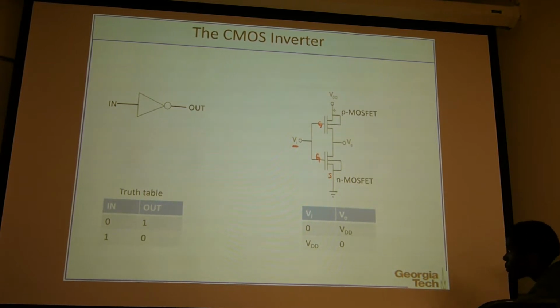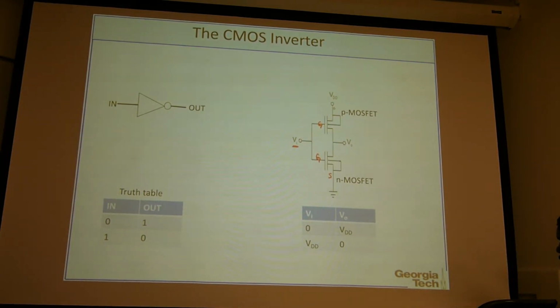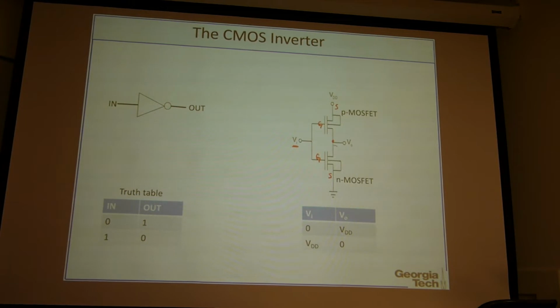And PMOS, as we discussed, higher potential is the source. So it connects to the power supply VDD, so then this is source. So then both drains of the NMOS and PMOS are connected together as the output voltage VO. So that's the connection of the NMOS and PMOS.